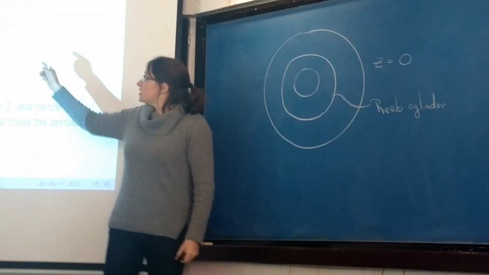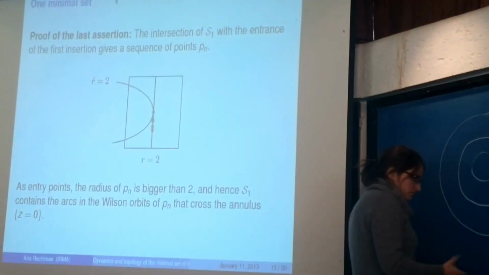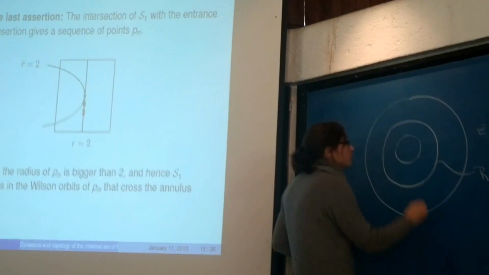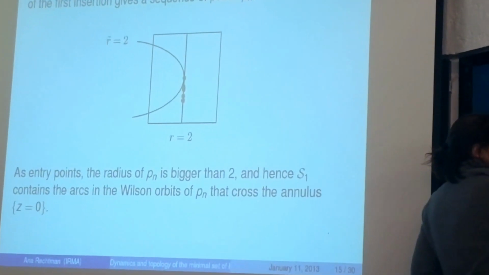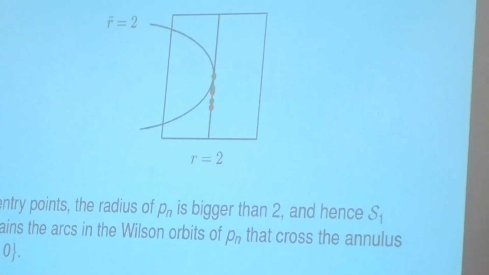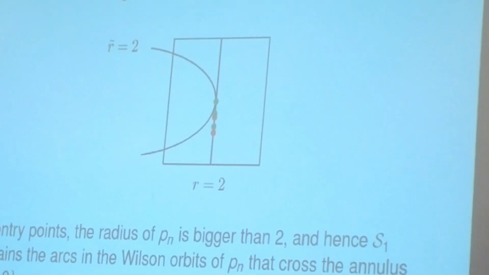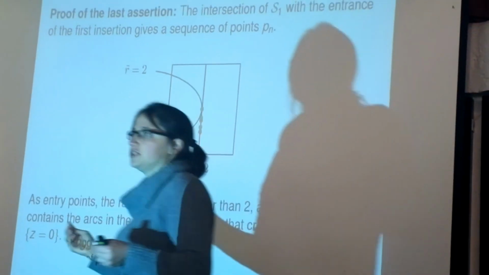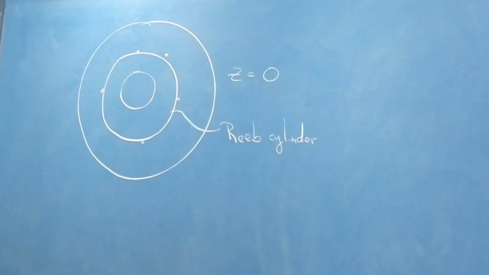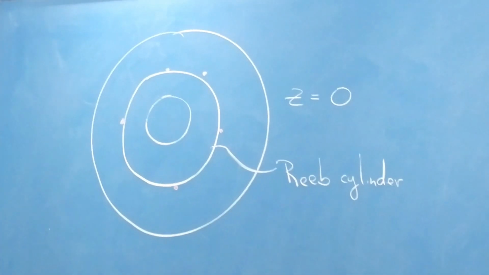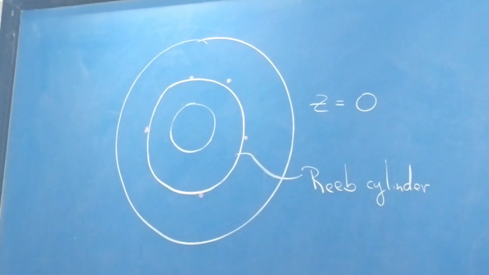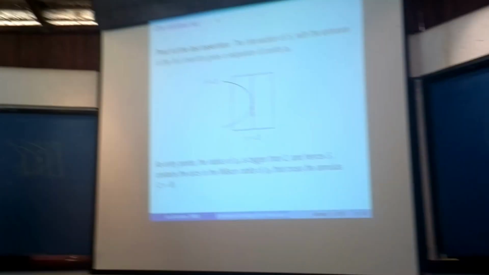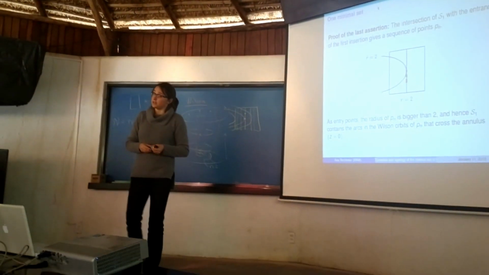And so these green dots will correspond to, I don't have green, but let's put in red, points. Each one will give me a point in this annulus that are each time closer to my cylinder. So it will accumulate on the cylinder and the closure will contain points of the cylinder. This can be either a Cantor set or be dense.